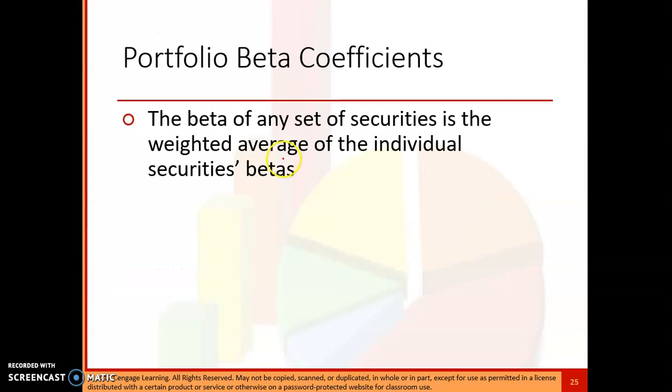The beta of any set of securities is the weighted average of the individual securities' betas, and this weighted average is determined by the value of the security relative to the total value of securities in that portfolio. So, for example, if we had a security worth $10,000, and our portfolio was worth $50,000, the weight of that beta would be 0.2 or 20%.